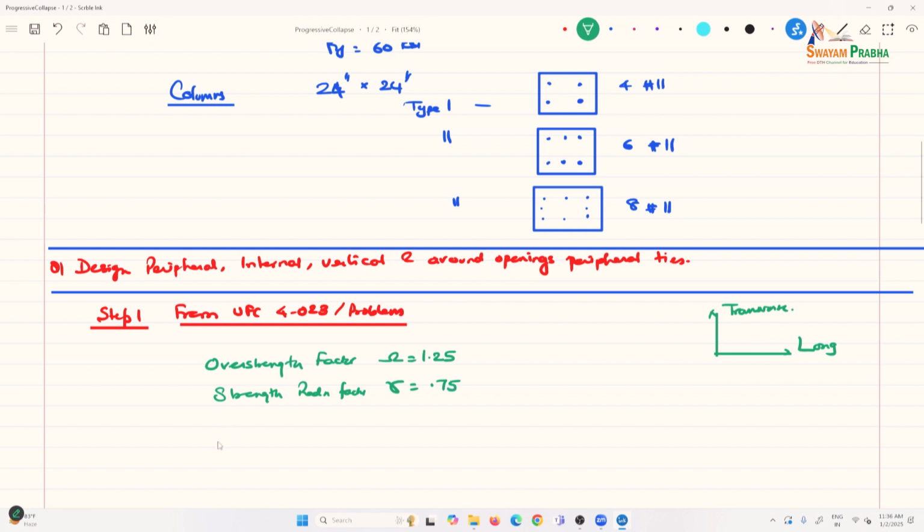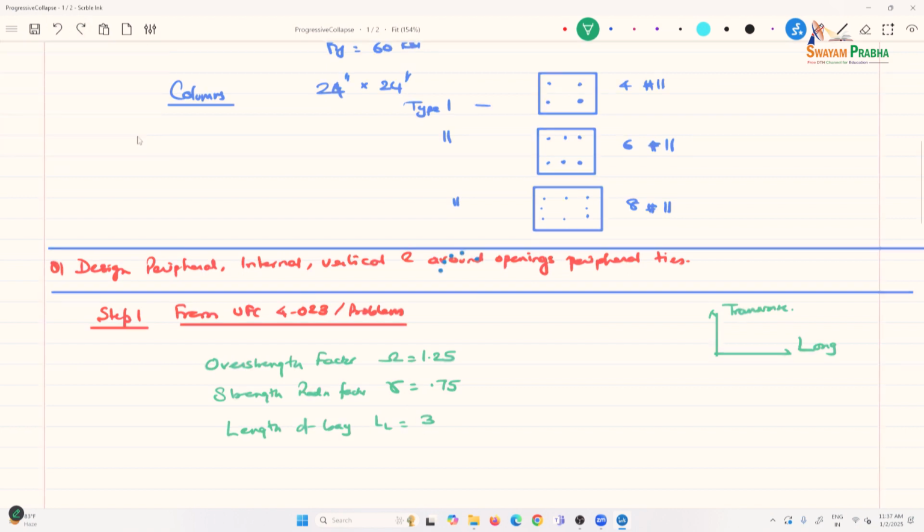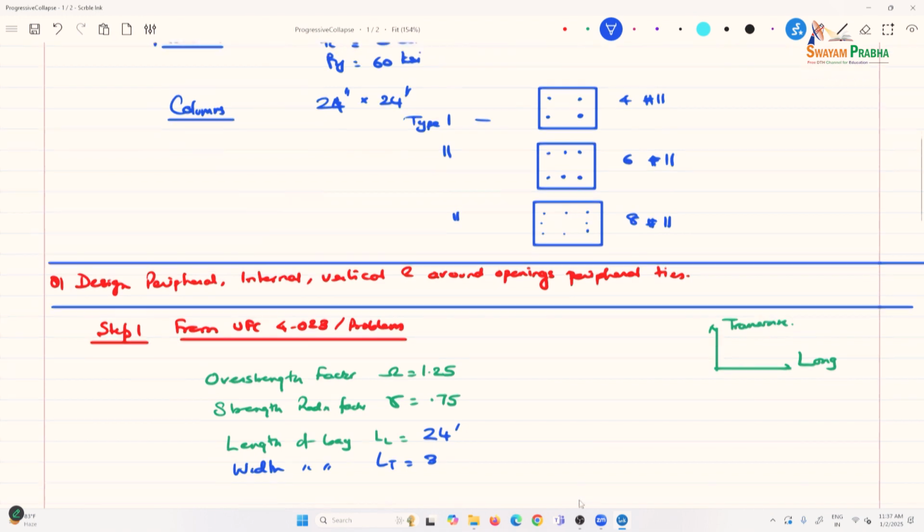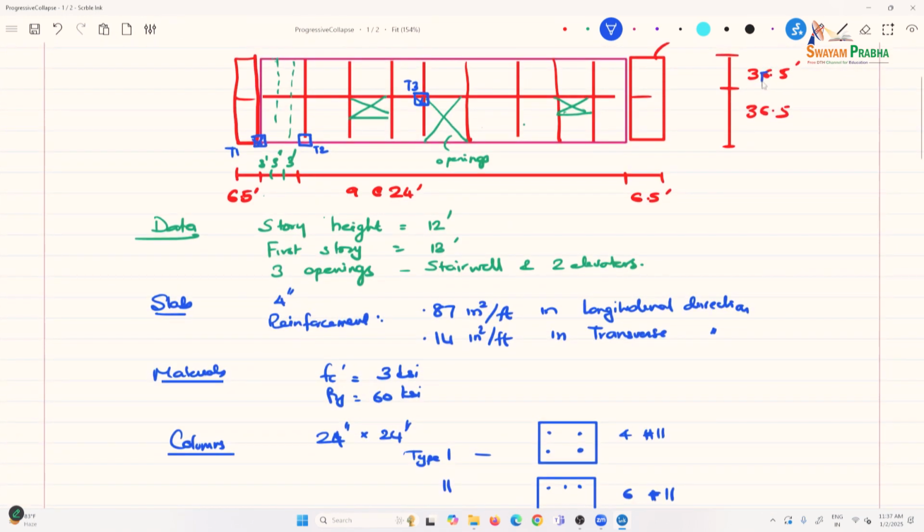Then from the problem itself, we have length of the bay, LL is the same, is 24 feet. So, this is 24 feet and the width of bay here LT is given to be 30, yeah, I thought it is 35.5, that is what I was wondering, hesitating.